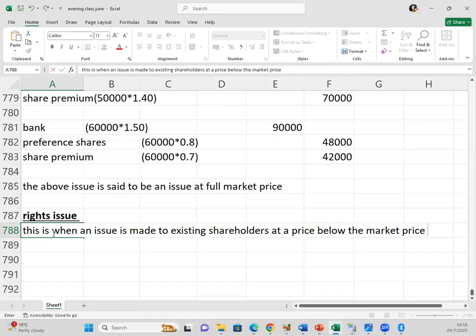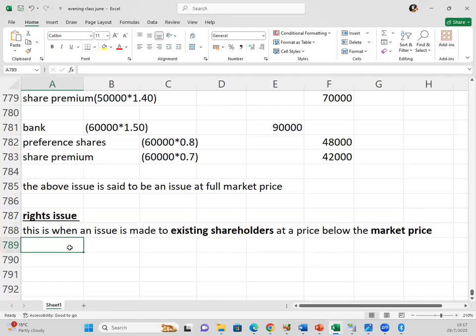Take note of two things here: existing shareholders and below the market price. The shares are issued to those who already have shares. We are selling to them at a discount, so they pay less than what someone who did not have the shares would have paid.